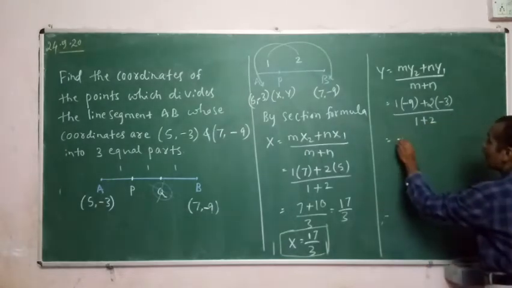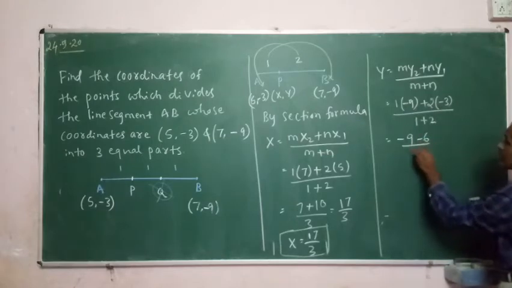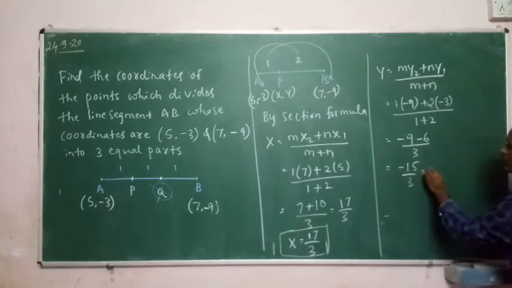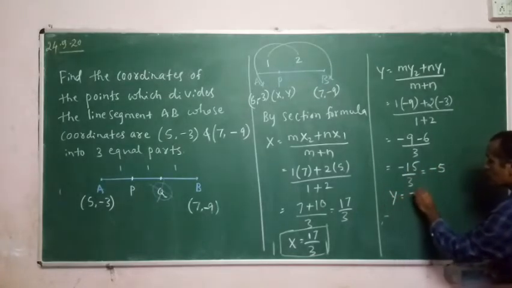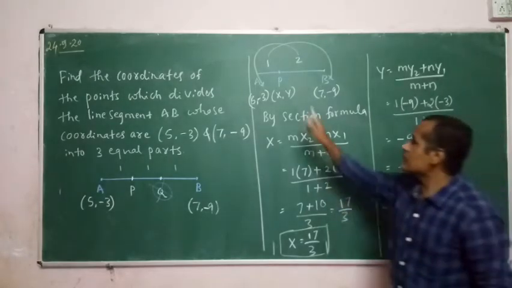This is minus 9 minus 6 divided by 3, minus 15 by 3. Answer is minus 5. Y is equal to minus 5. That means you got the coordinates of point P.